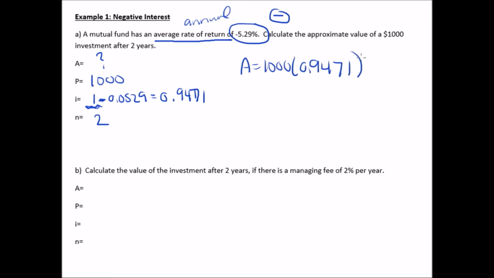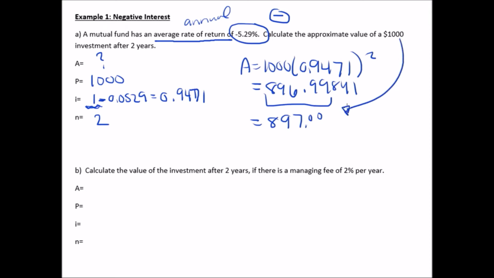There we go. Okay, and then that's squared. So I get 896.99841. Of course, we're just going to round it to 2 decimals. So let's go 897. So after 2 years, your investment actually went down from $1,000 to $897.